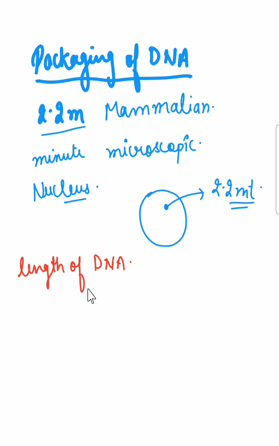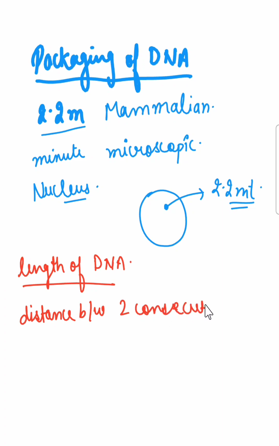The length calculated by the formula is the distance between two consecutive base pairs multiplied with the total number of base pairs in a DNA.